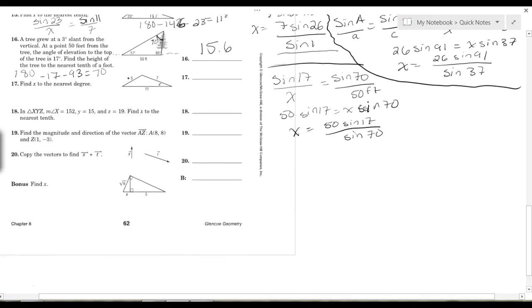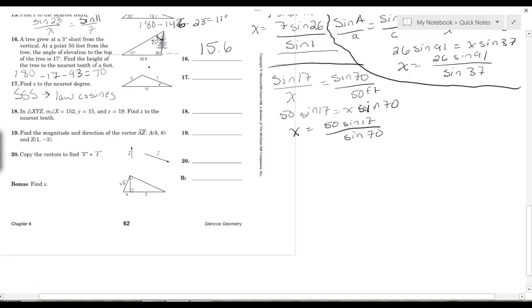So my next triangle then, number 17, I have 3 sides and I'm looking for an angle. So when I have side, side, side, I use the law of cosines. So I'm going to go ahead and label my sides and my vertices.